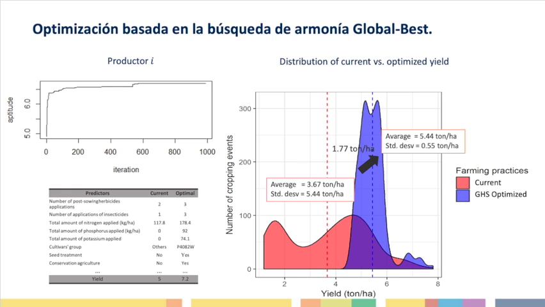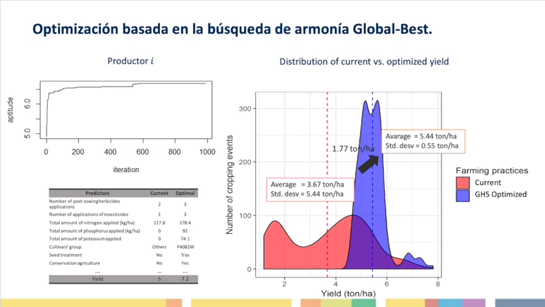For each one of the producers, we were willing to do the same process. And this algorithm would help us to identify in that search process what was the best possible condition for management practices that could be applied by the producer in order to reach those optimal results.